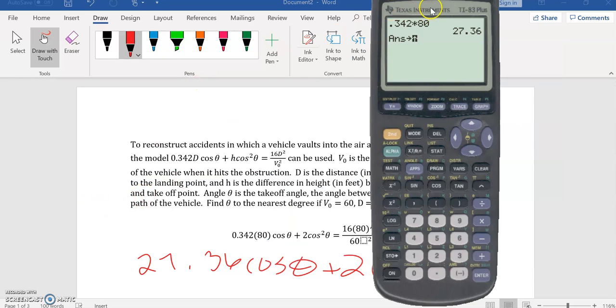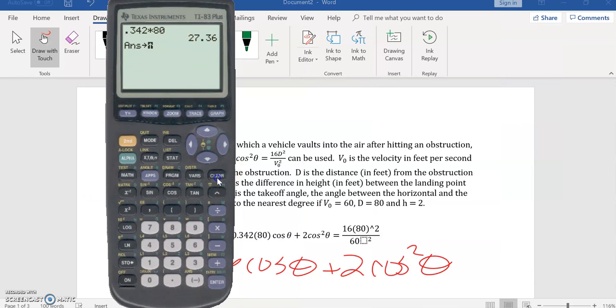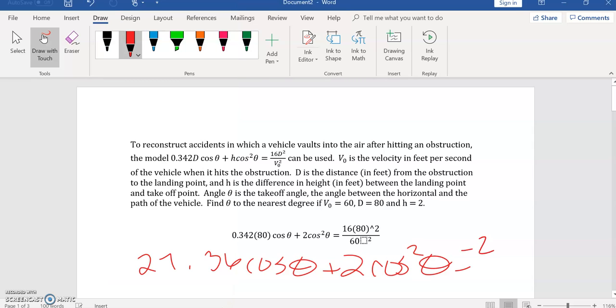Then over here, let's work this out. I have 80 squared times 16 divided by 60 squared, which gives me 28.4. Change that back to a fraction, and this gives me 256 ninths, which I probably didn't need to do, but that's okay.